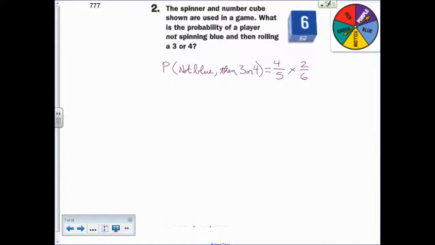I can simplify 2/6 down to 1/3 before I multiply. Is there anything else I can reduce? No. So I'm going to multiply straight across the top, and I get 4, straight across the bottom, and I get 15. So there is a 4 out of 15 chance of not getting blue and then rolling a 3 or 4.